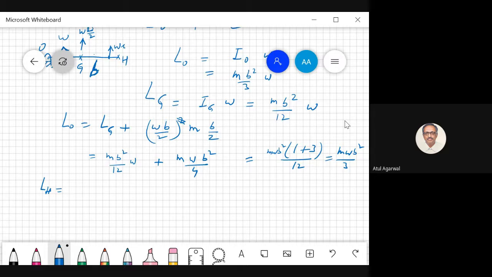If I say my LH is IH omega, what is IH on that side? m l square by 3 omega. Is it the right answer?